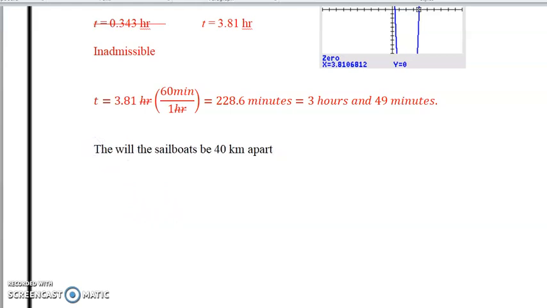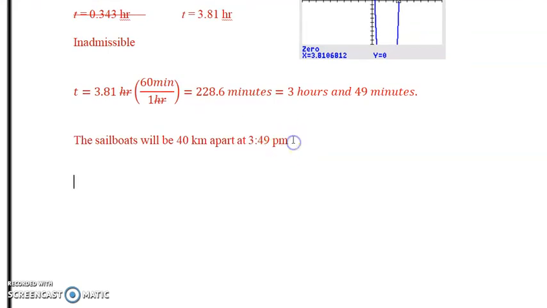The sailboats will be 40 kilometers apart at 3:49 p.m. Because it was noon, which is 12 p.m., I just added the 3 to that. For example, let's say they left at 1 p.m., then it would be 4:49. You would just add the hours and the time to that.